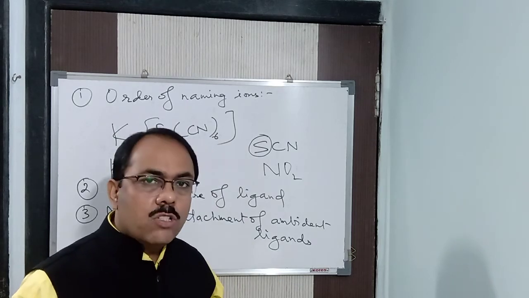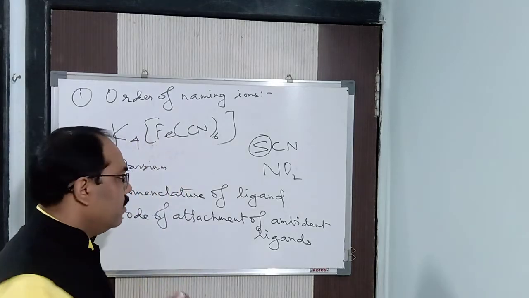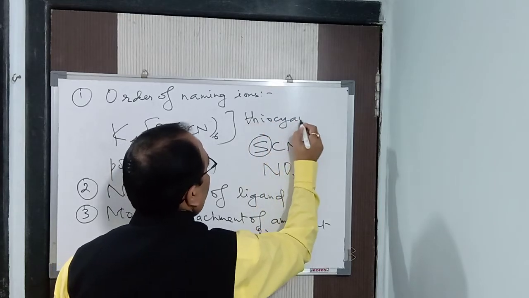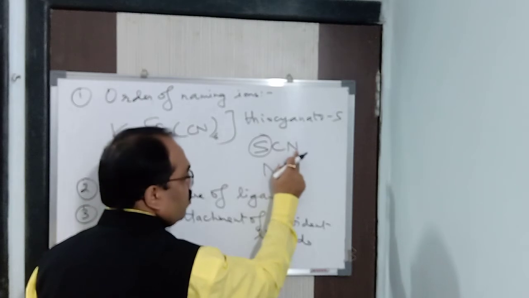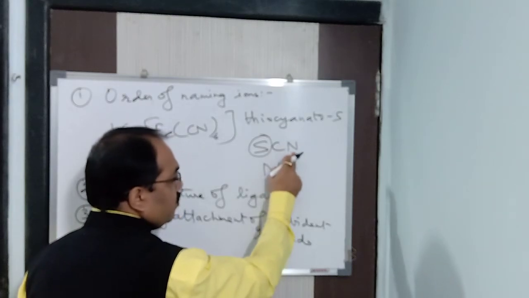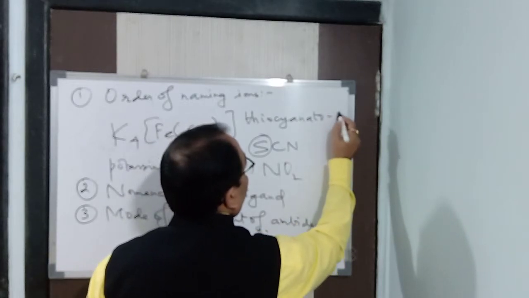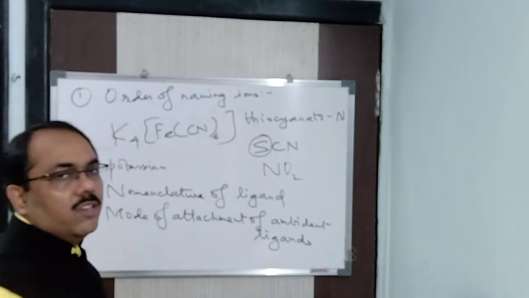If it is attached by sulfur, I will write thiocyanato-S. If it is attached by nitrogen, the mode of attachment of the ligand to the central atom is nitrogen, then it will be thiocyanato-N.